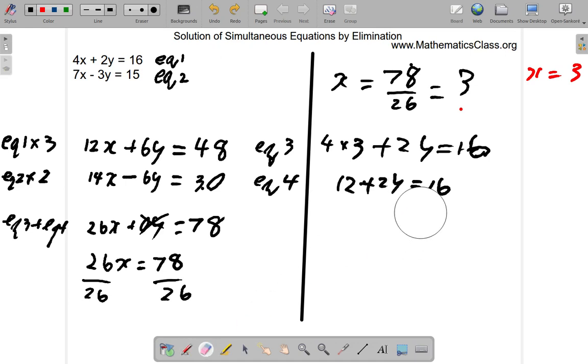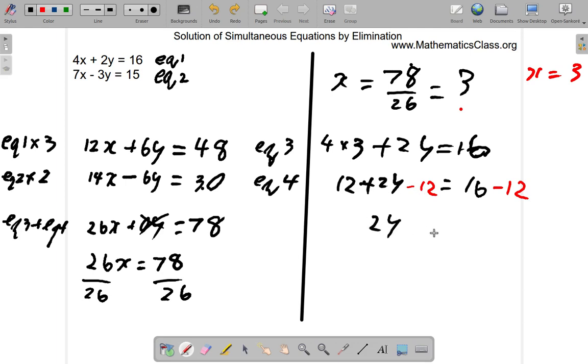Let's put a little space here and put the equals 16 out here. So we get rid of the 12. Minus 12 from both sides. Minus 12 from here. Minus 12 from here. So 12 minus 12 is 0.